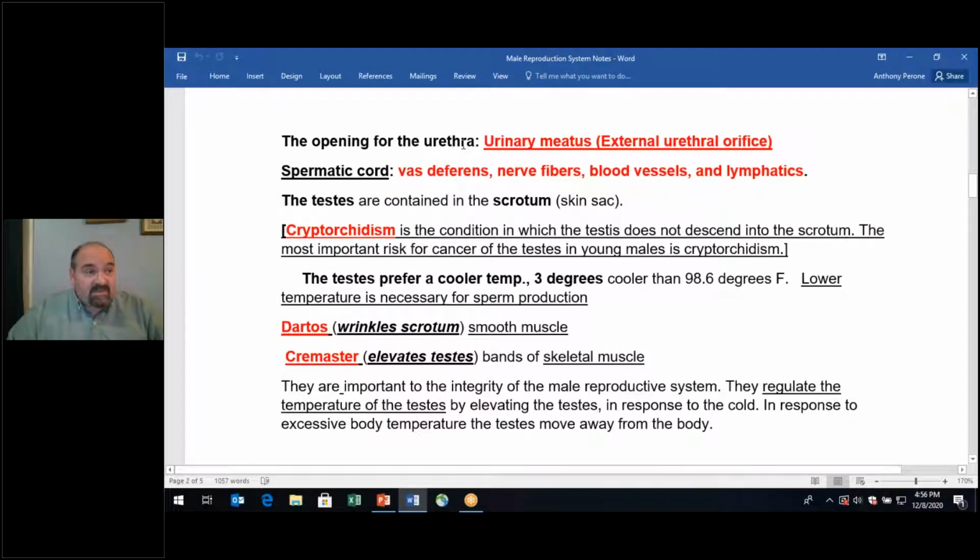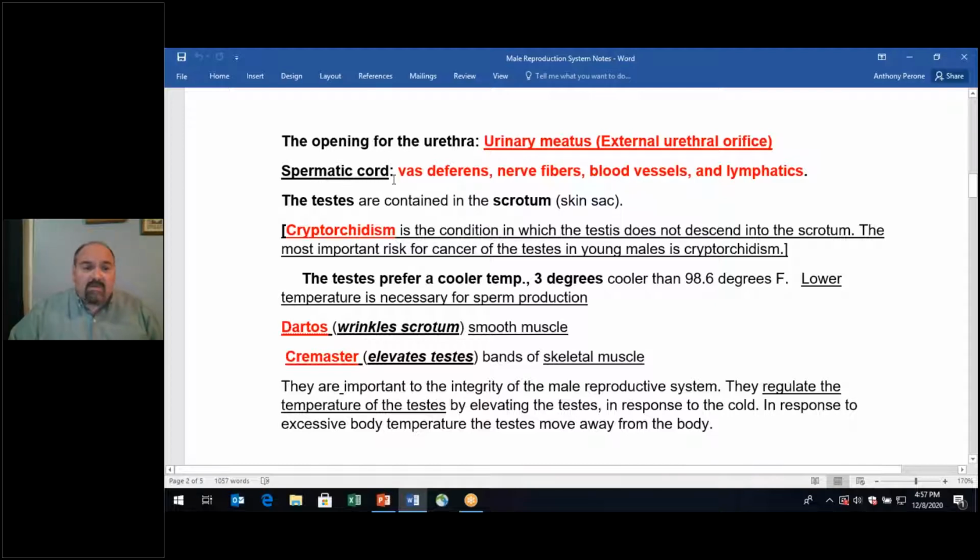So the opening at the head of the penis would be the urinary meatus, aka also known as the external urethral orifice. Okay? That's what we call that opening, for that would the ejaculate or urine would be exiting the male body. Okay, and actually it would also be called that in the female.